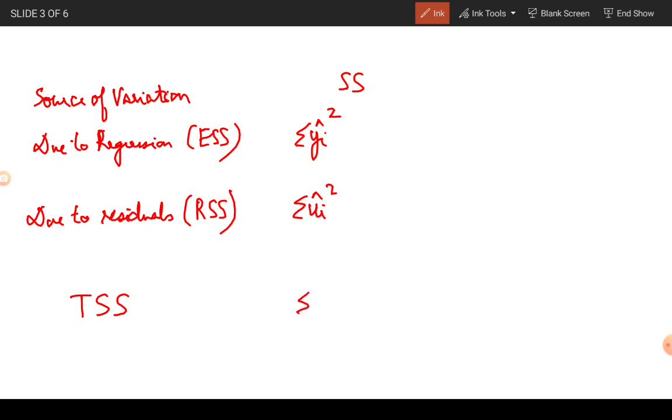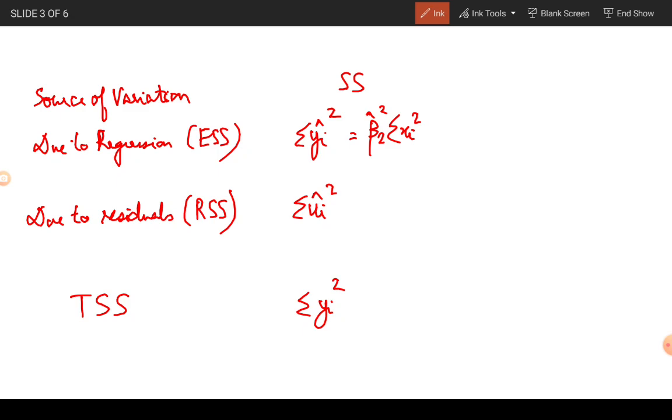The total sum of squares is yi square. There is no hat in the third term because this is the total sum of the variations in the observed yi. Now, yi hat square, in terms of formula, I can write as beta 2 hat square times summation xi square. It is small xi, so I am talking about deviation of capital Xi from the mean x bar.